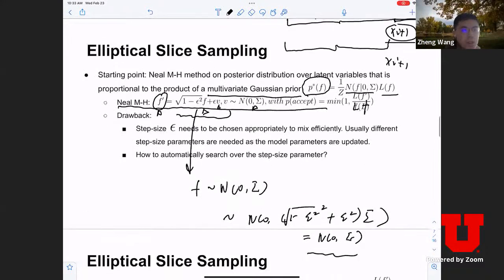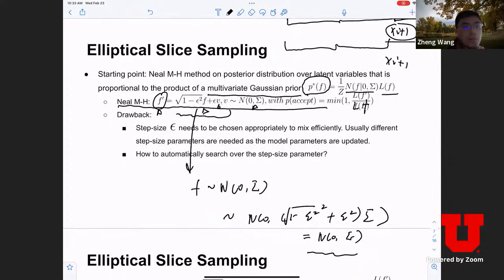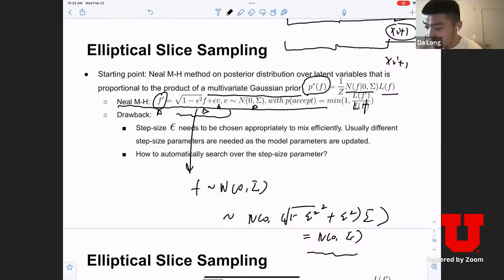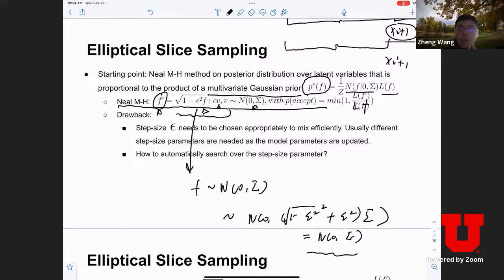Yeah, this should be the independent chain Metropolis. The transition distribution can be independent from the previous sample. Yeah, no, V and F are independent. But F prime essentially is a transformation of F, right? Yeah. So what's the conditional probability of F prime given F?